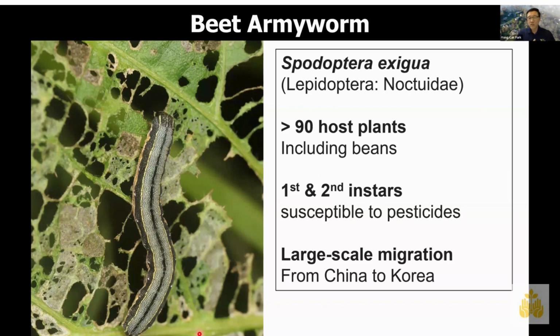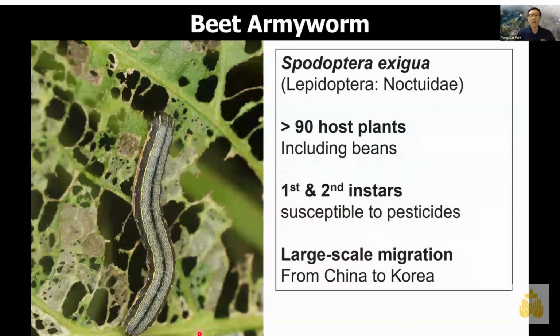As of today, South Koreans think this insect cannot overwinter in South Korea, so if they have a problem every year, it's coming from China. So how do we manage or control these insects? The most important thing is early and rapid detection, so that they can kill the first and second instars. That's the problem South Korea has.